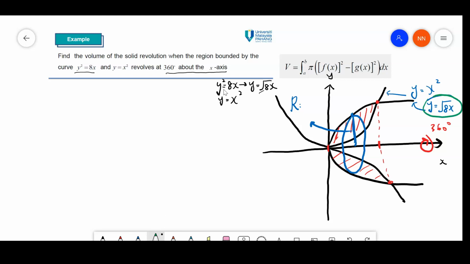Okay, so you can see here. So outer radius given by y equal to square root 8x.